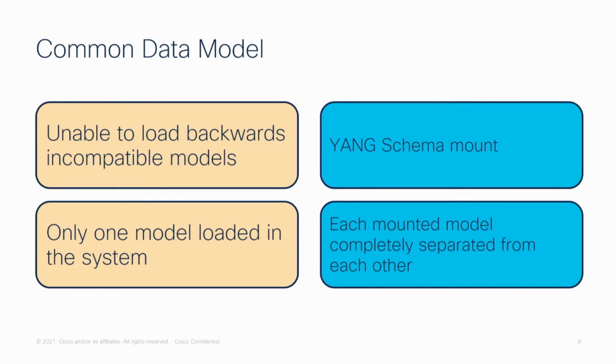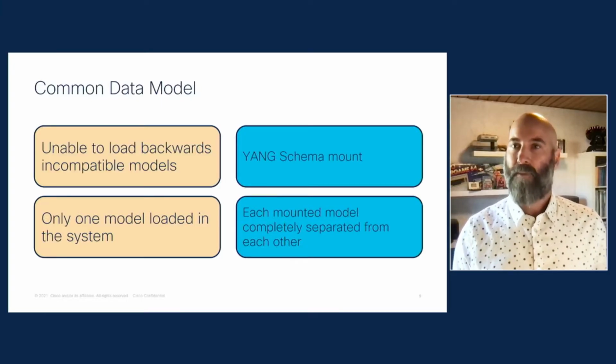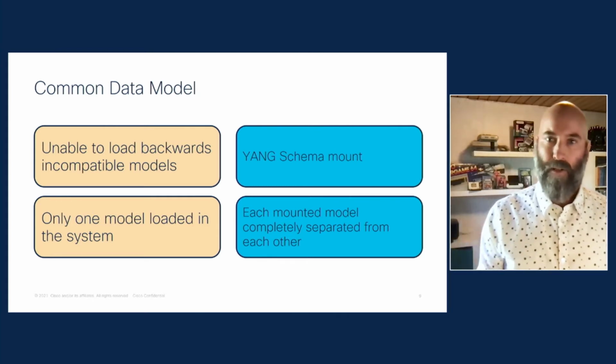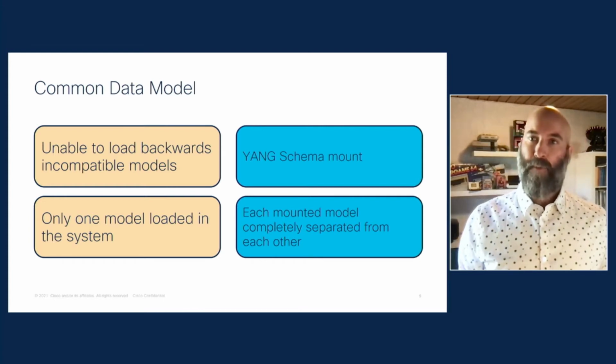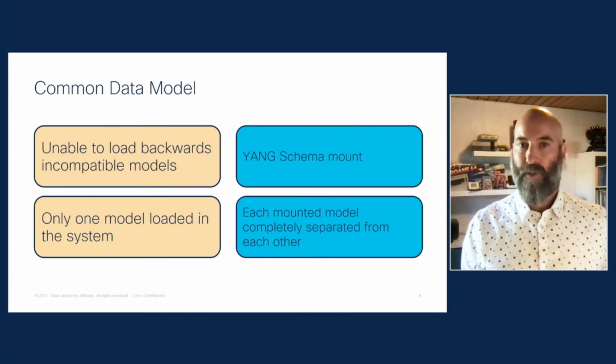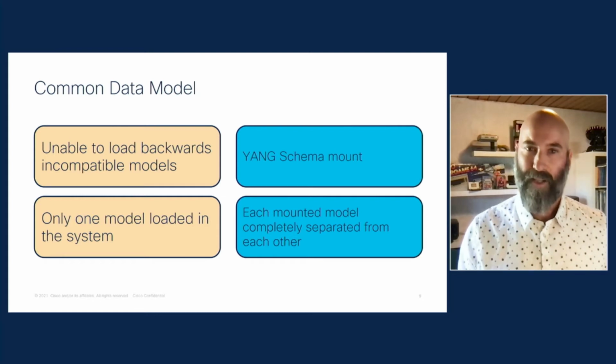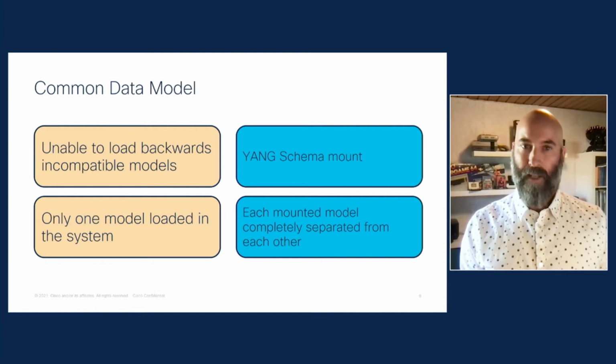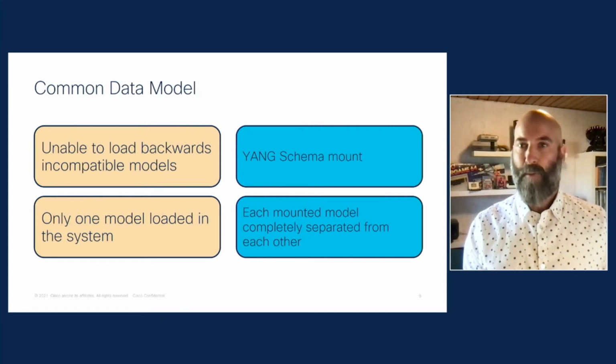And if we have multiple devices trying to implement the same model, only the latest one would be used, or at least only one of them would be used. So if there were incompatible changes between those models, that would, of course, have a big impact on the system itself. So NSO solves this with a method called YANG schema mount.